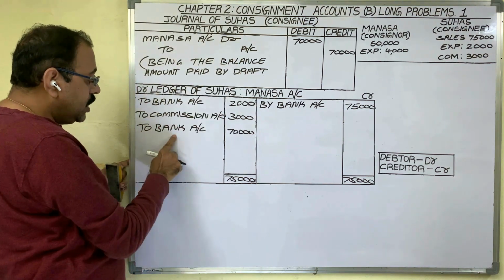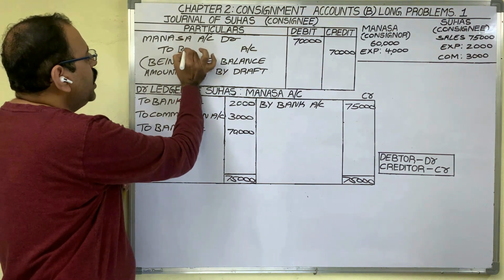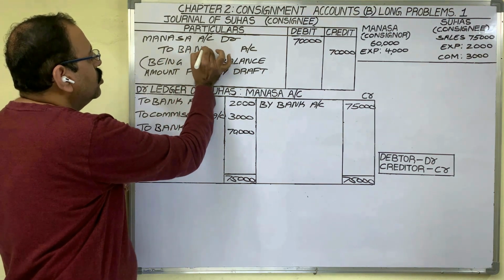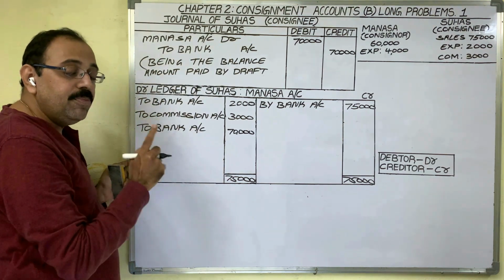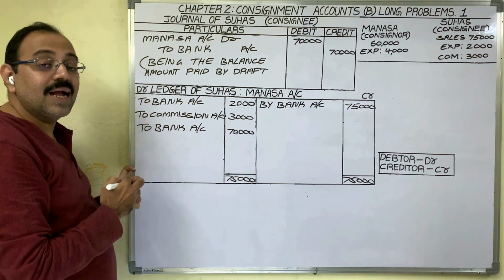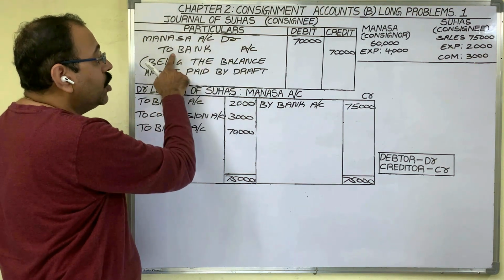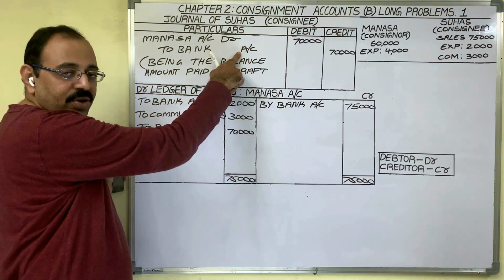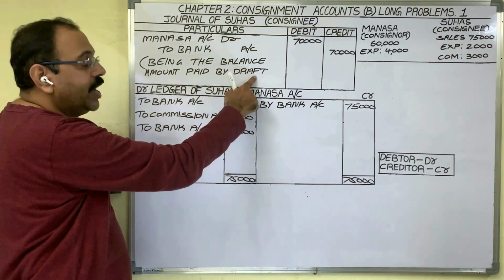And what we wrote here? Bank. So you have to credit bank account. Then only we can write to bank. So for settlement of due amount in consignee books, entry is consignor account debtor to bank account. Narration being the balance amount paid by draft.